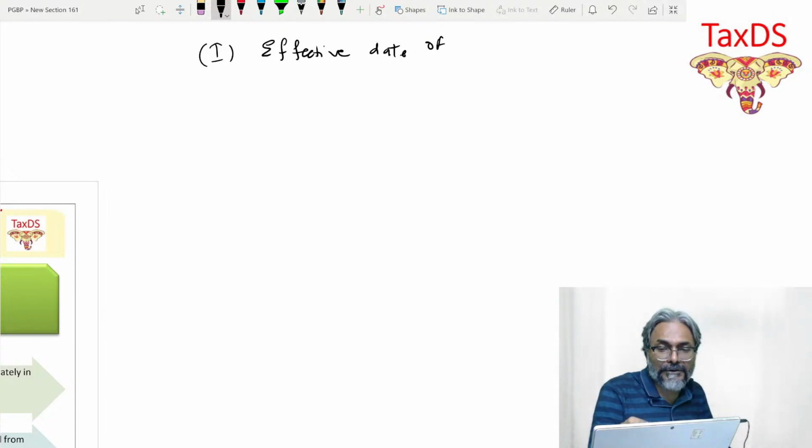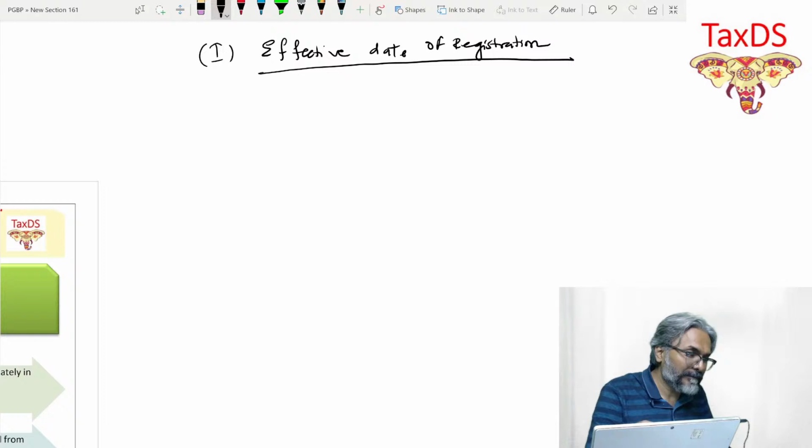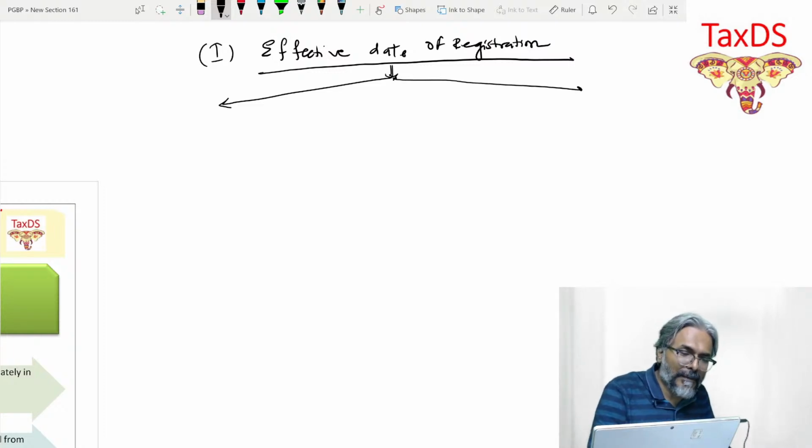Effective date of registration. So this is a diagram that you will have to take into account, students. Now there are two types of persons. One is a person liable for registration, which is a taxable person, and a person who is not liable for registration.